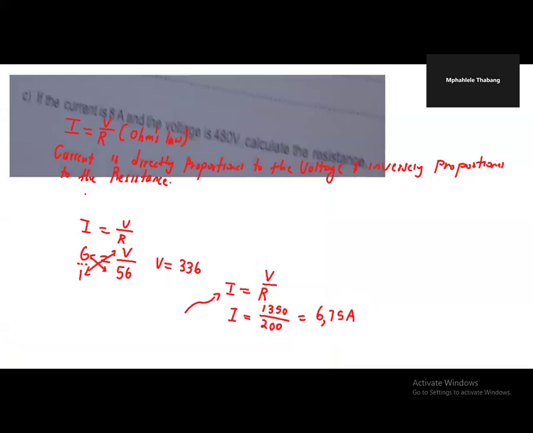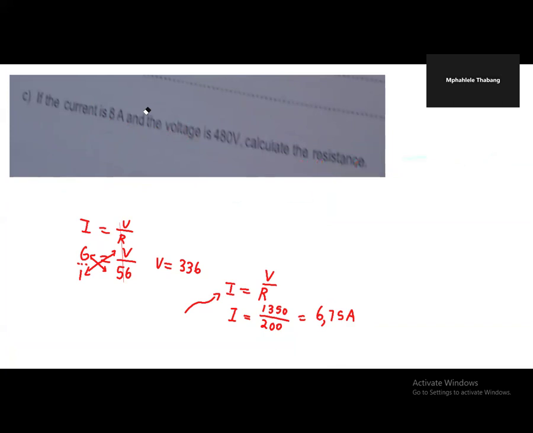Now I'm going to C. They are saying if the current is 8 and the voltage is 480, calculate the resistance. You still use the formula I equals V over R. You know that the current I is 8 and the voltage is 480.